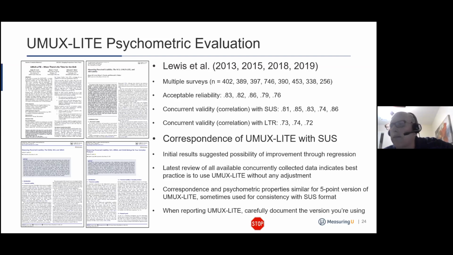Well, when it comes to, okay, sticking with the ISO conceptualization, effectiveness is most commonly assessed as the ability to complete a task. And efficiency is most often associated with the speed with which you're able to complete the task.